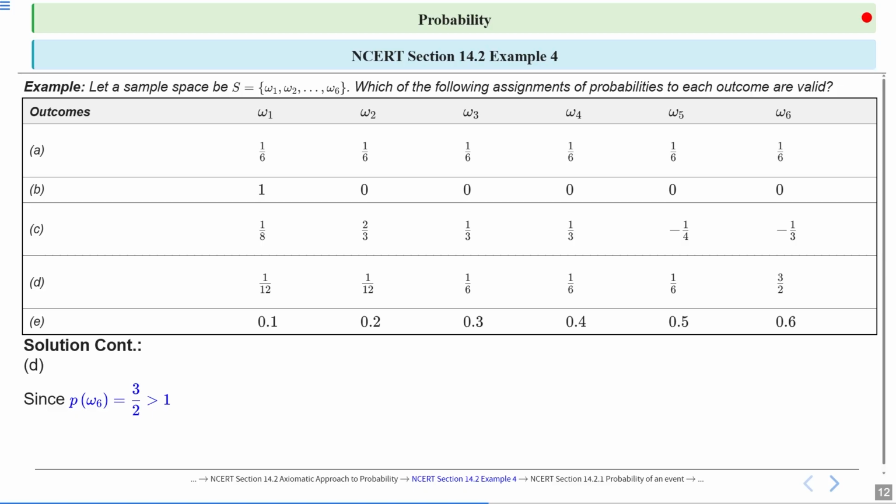But here P of omega 6 is 3 by 2, which is greater than 1. So what can we say here? Therefore the assignment is not valid. Assignment D is also invalid. Now we will check assignment E.